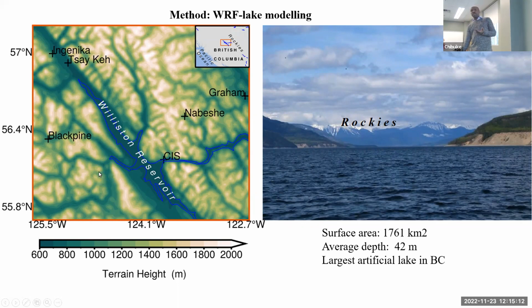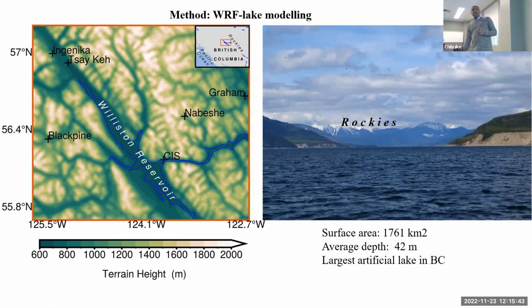It was created in 1960 from the damming of the Peace River and Finley River that joins the Peace River. Previously there were just rivers, but from the damming further downstream here, you had this massive reservoir, which you now call an artificial lake, right?